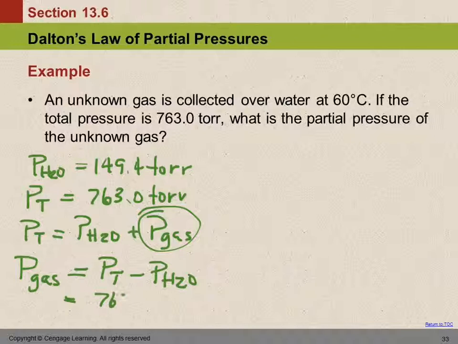So it'll be 763.0 minus 149.4, which is 613.6 torr.